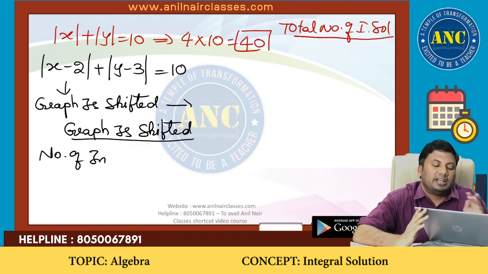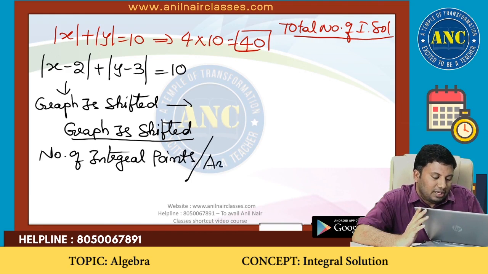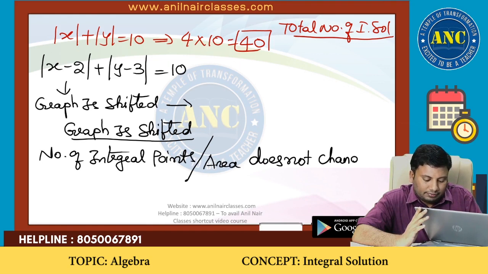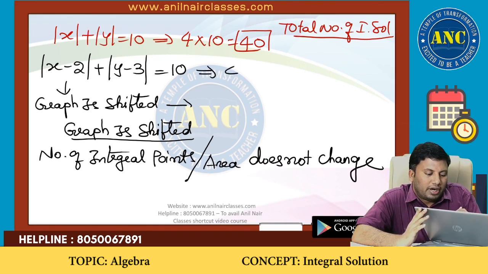It could be plus plus, minus minus, plus minus. The area of the graph does not change. So the answer for this question is also 4 into 10, which is nothing but 40.